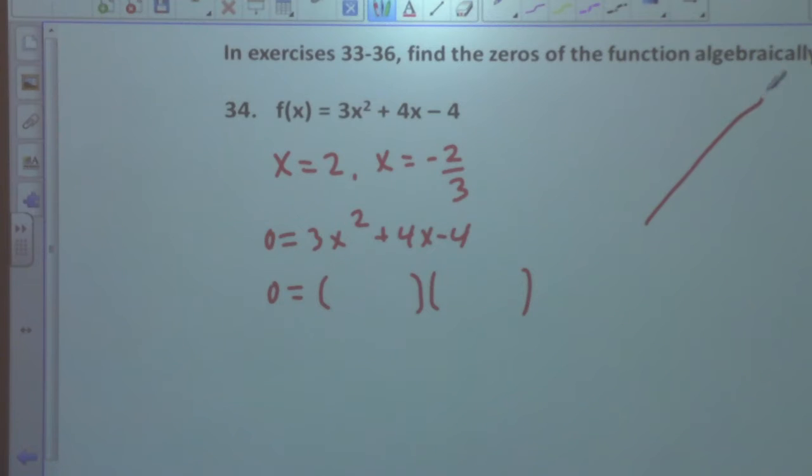Yeah, and it was 3x plus 2. So what goes up here? Negative 12, and then 4. And then 2 and negative 6. Well, hang on a second. What did you do, 2 and 6?